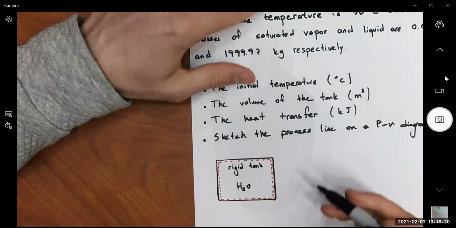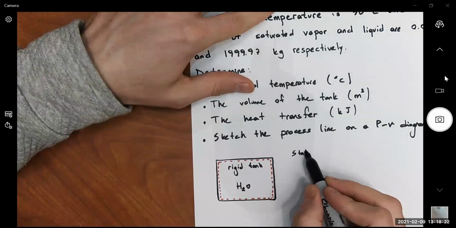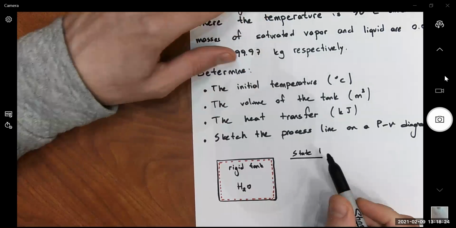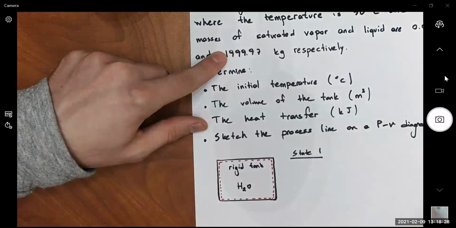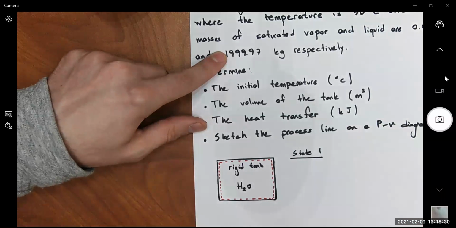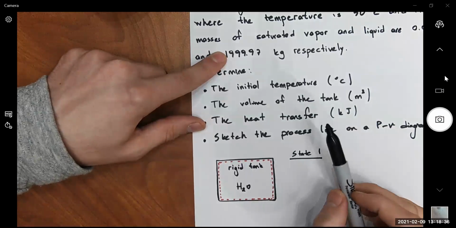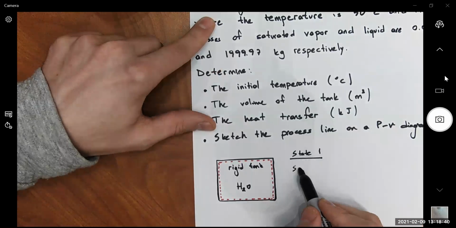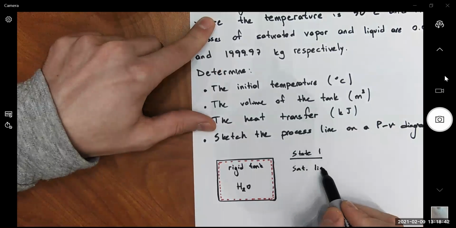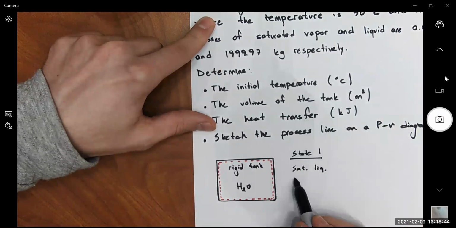All right, for state one, we are moving from one state to a final state, right? I have one process. Two states, I have one process to move from one to another. Okay? I'm given some conditions at state one, the saturated liquid, right?